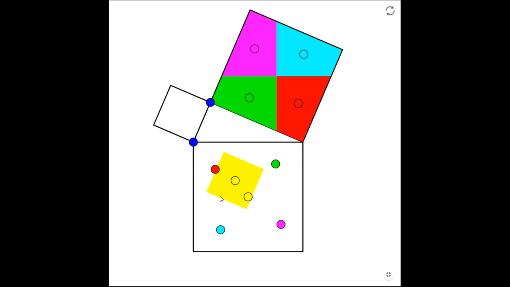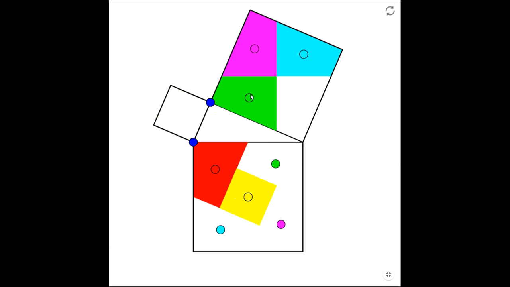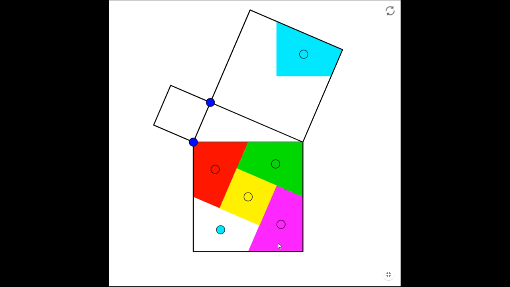So if I put this yellow one here and some pieces here, just by overlapping and cutting and pasting, I've realized that the sum of these two squares is equal to the square of the bigger side here. So a square plus b square is equal to c square.